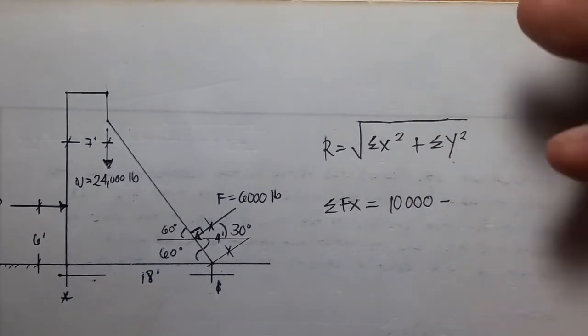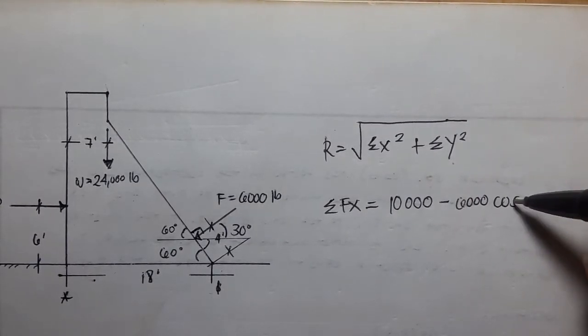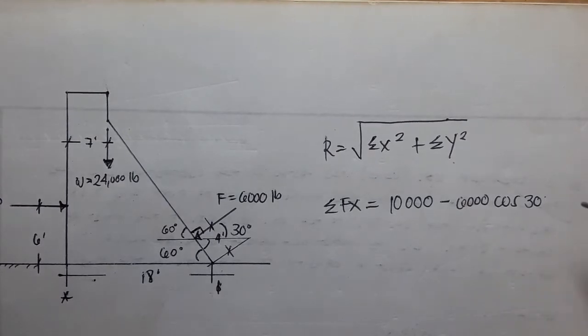So it is minus 6,000 cosine of 30 degrees.